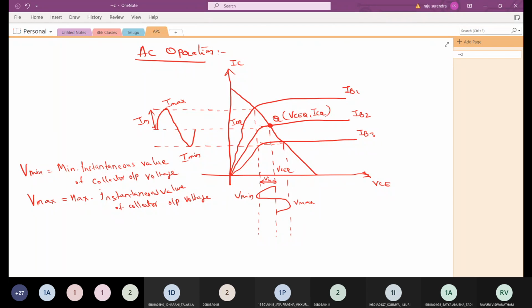Minimum instantaneous value of collector output current. We are drawing the graph in between VCE and IC. Please remember.